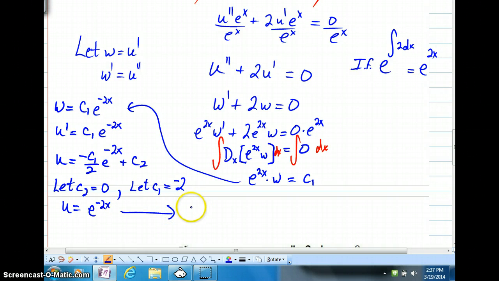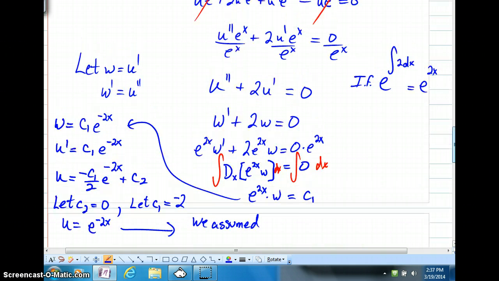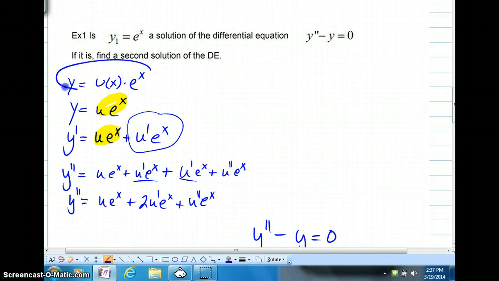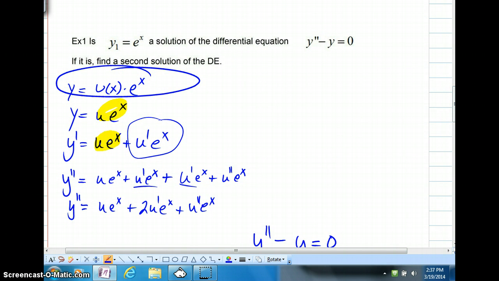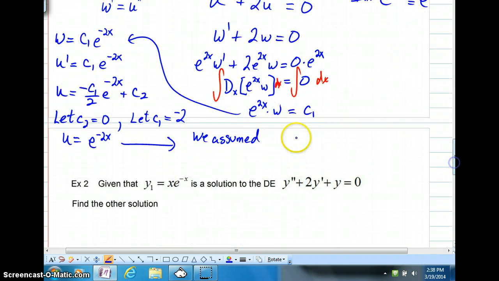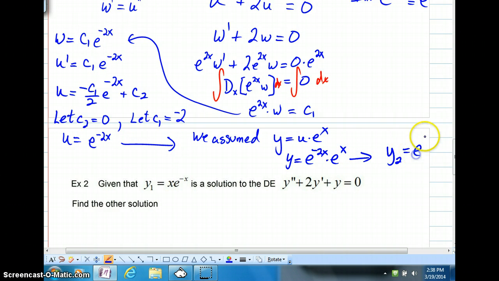We assumed at the very top that y was equal to u times e to the x. That would mean y equals e to the negative 2x times e to the x. What would our other answer have to be then? e to the negative x. That would be another solution.